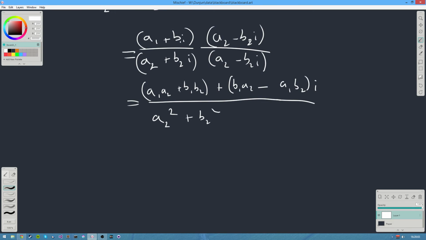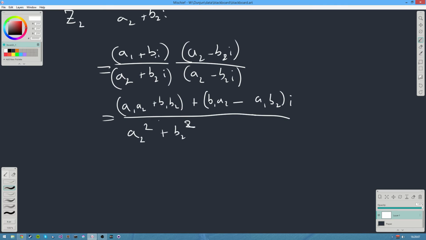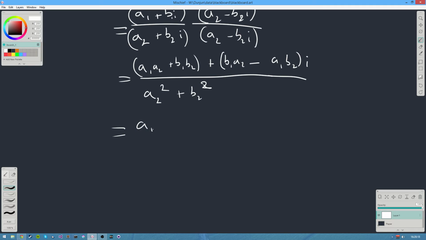So this is our real part, and that's the imaginary part. So what we've done here is normalize it by dividing by the square magnitude of z2. And again, if we rewrite this out, now what we've got is the real part over the magnitude. That's our real part, plus the imaginary part.